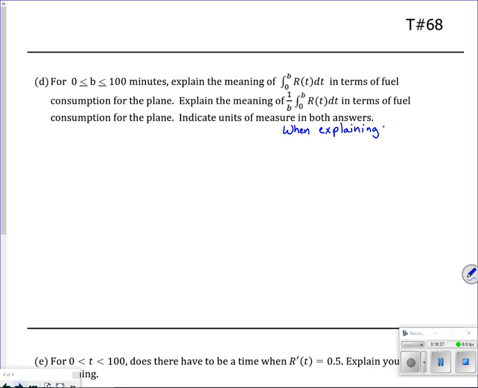You need what it is, what you're talking about, and y'all, be specific to the problem. Okay, don't tell me area under the curve. That's not what they want. They want, in terms of the problem, what are you talking about? You have to provide units, and you have to do a specific time interval.